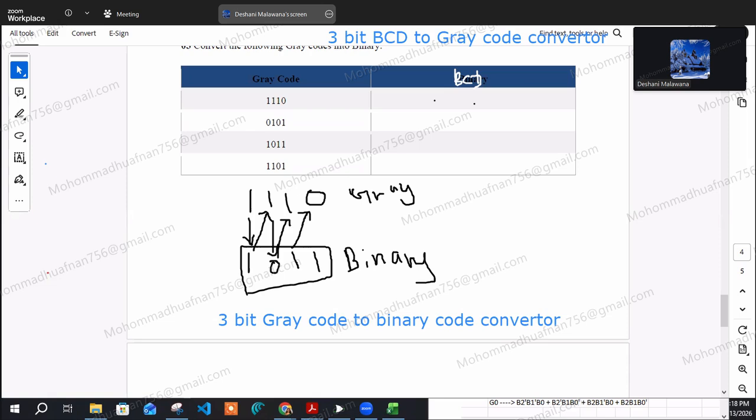No, 107. What is this? 002. Yeah, you also can start the equation part, and I am waiting for your logic circuit.